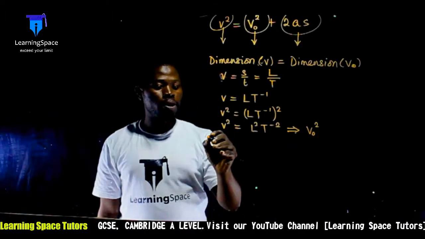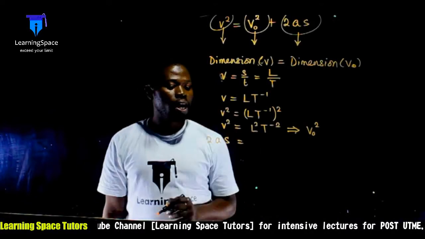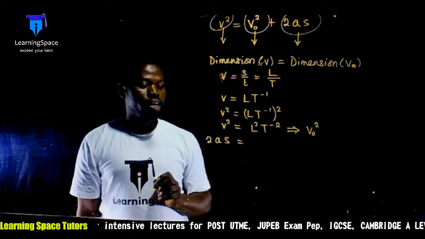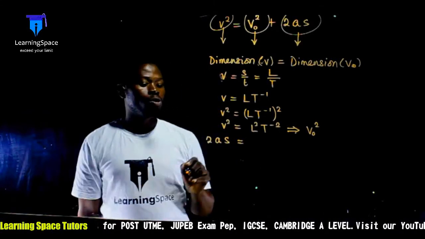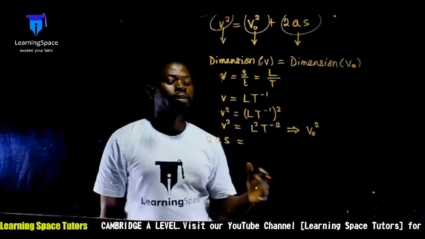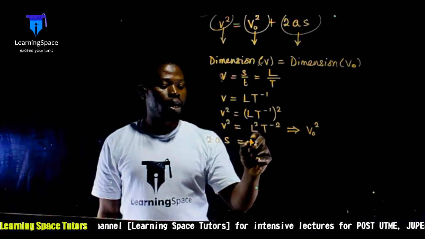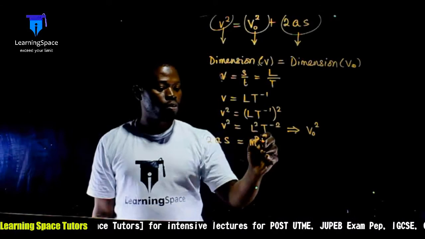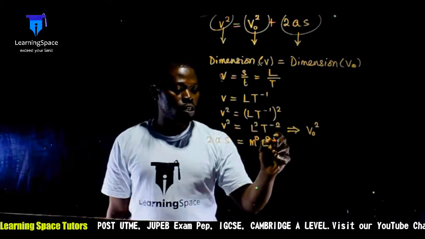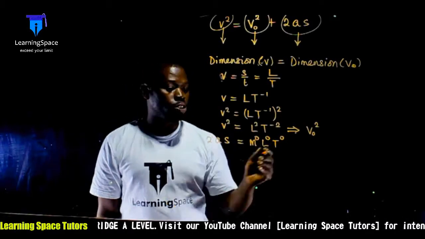Now, what is our 2as? As we know, 2 is just a number, and it is dimensionless. So since we are measuring in terms of M, L and T, it means that it has M raised to power 0, L raised to power 0, T raised to power 0. That's the dimension for 2, since it is dimensionless.